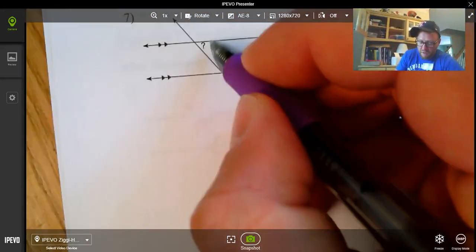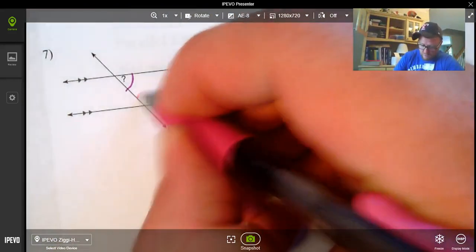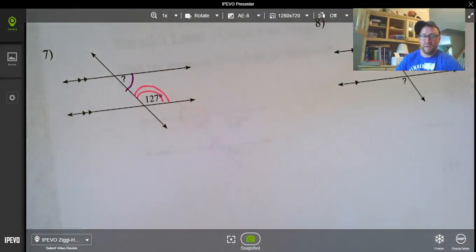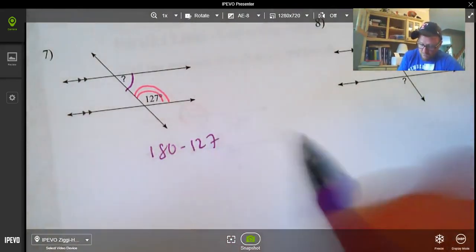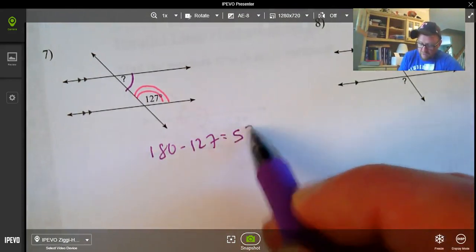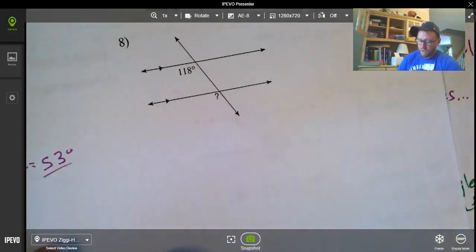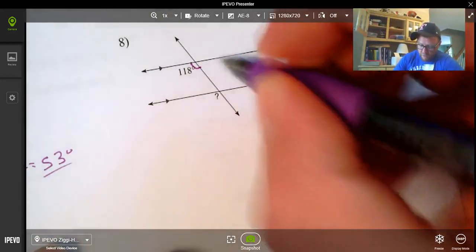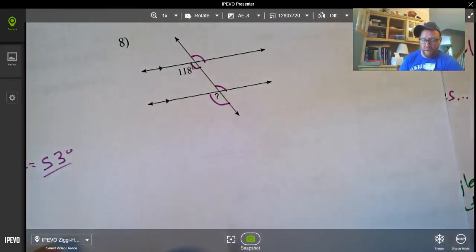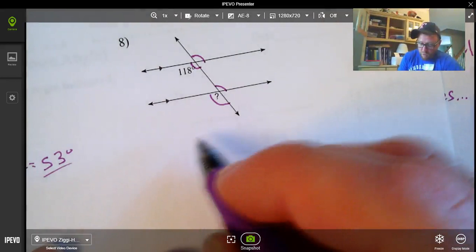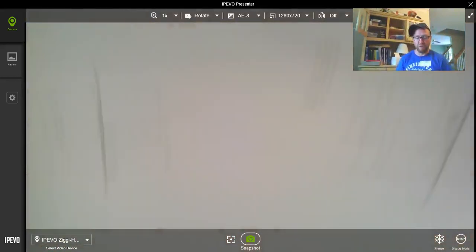All right, these are same side interior. So 180 minus 127 is 53. They're supplementary when the lines are parallel. Here, these are all part of the same pattern, this zigzag pattern. So these are corresponding angles, 118 degrees because they're congruent when the lines are parallel.